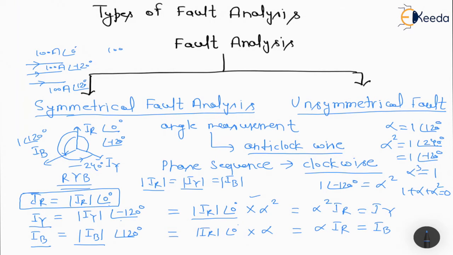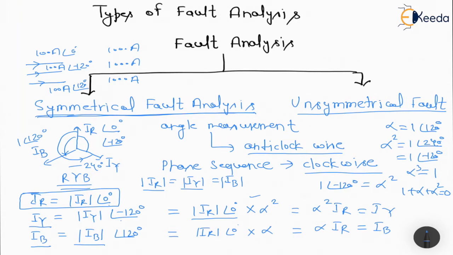So this becomes 1000 ampere, this becomes 1000 ampere, and the B phase becomes 1000 ampere. If they are still in balanced condition, then that fault will be considered as symmetrical fault analysis. And if after the fault our vectors are not balanced, then that would be considered as unsymmetrical fault analysis.